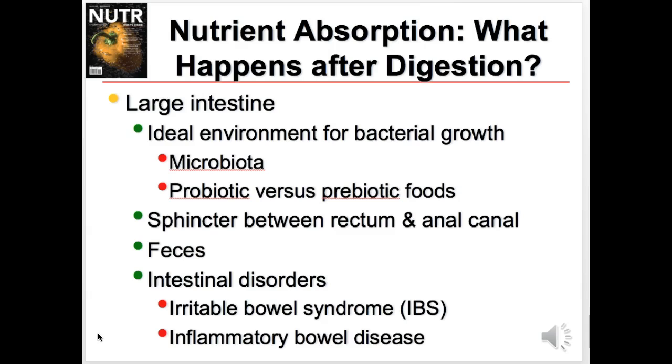And then inflammatory bowel disease. This involves chronic inflammation of all or part of your digestive tract. And if you've ever heard of Crohn's disease, that's what can result from inflammatory bowel disease. And Crohn's disease can sometimes be life-threatening from the complications.